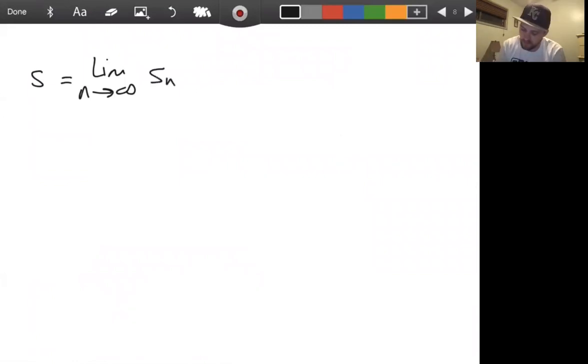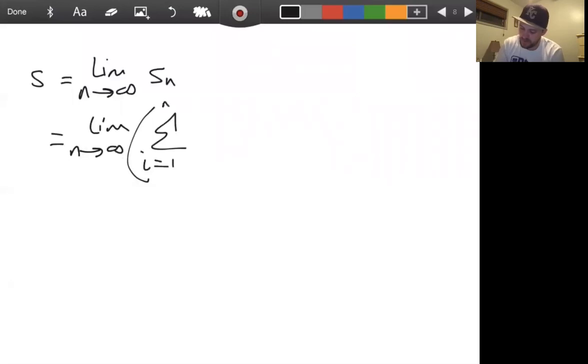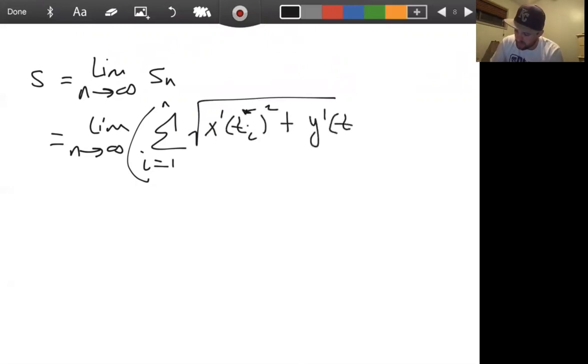If I take this limit, I then get the limit as n goes to infinity of sum from i equals 1 to n of square root x prime ti star squared plus y prime ti tilde squared delta t.